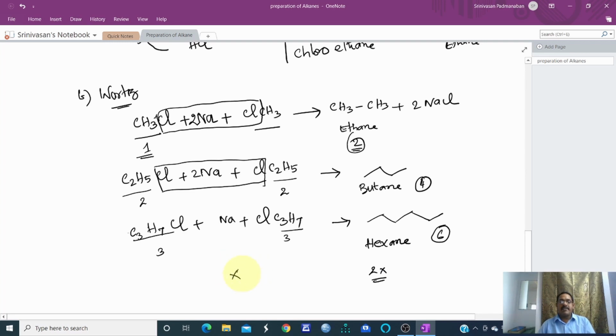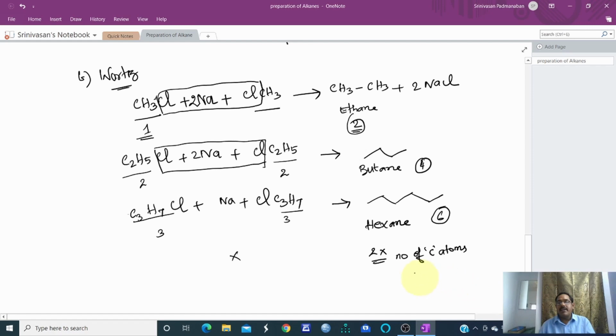Suppose you are taking x as the chloroalkane, you will be having 2x as the number of carbon atoms. So these will be the results. Actually what we call a dimerization or dimer. So this is the Wurtz synthesis.